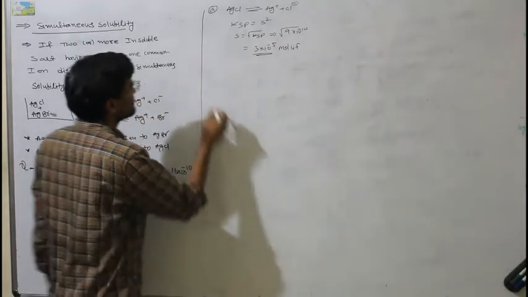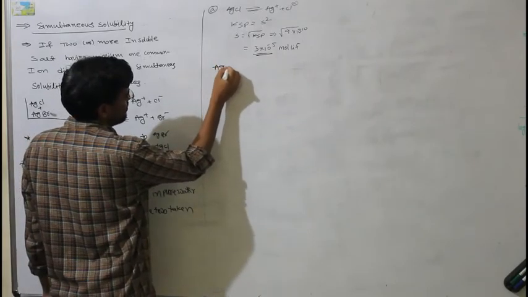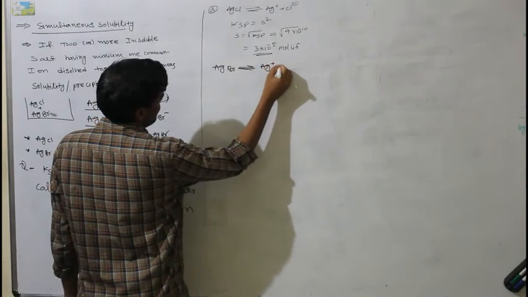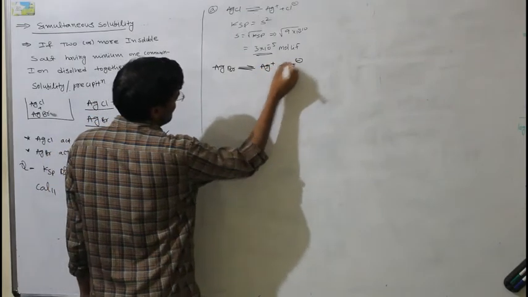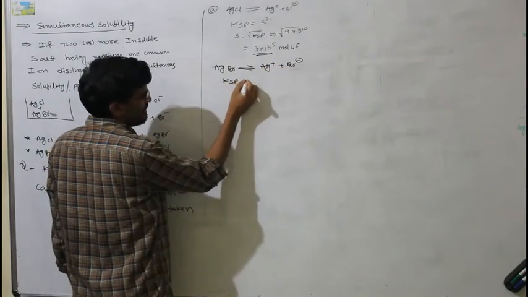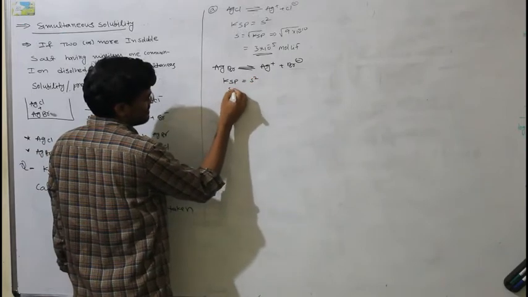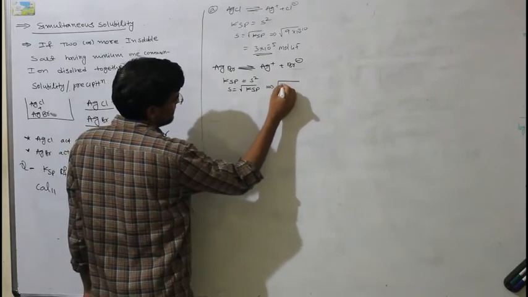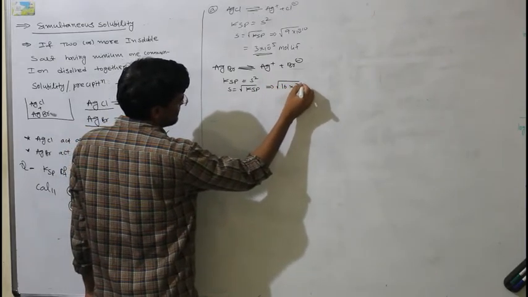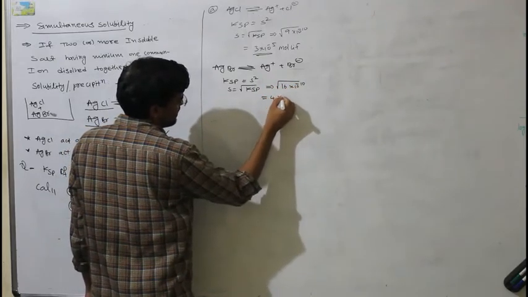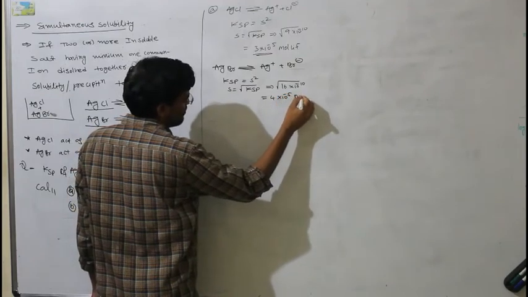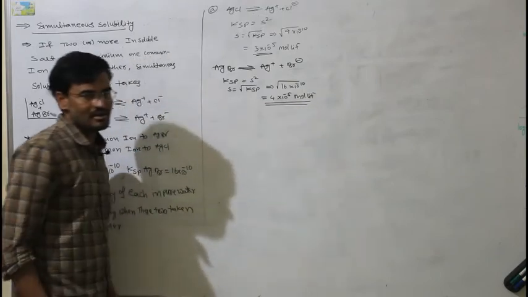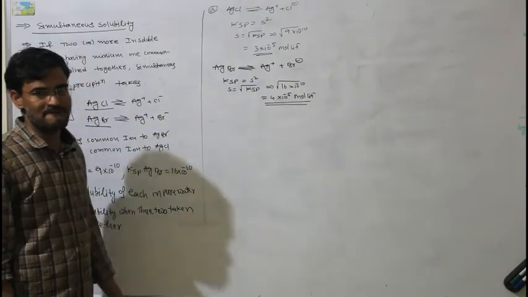Similarly, silver bromide splits into Ag plus and Br minus. Its Ksp expression is S square. Again S is root of 16 into 10 power minus 10, so that is 4 into 10 power minus 5 mole per liter. This is in pure water. Already we have done this kind of problem.